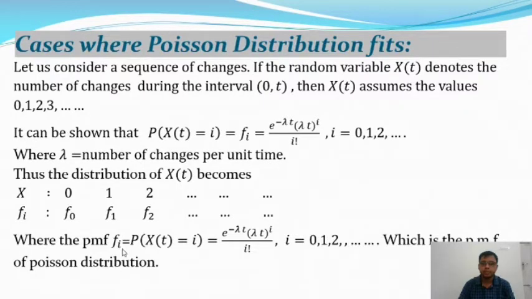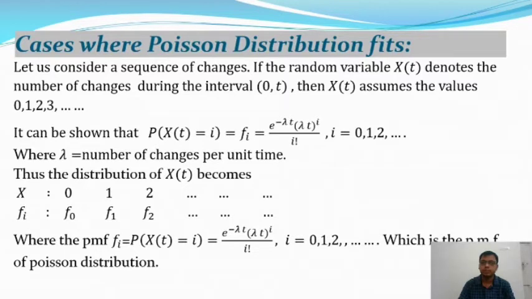The probability mass function f_i is equal to probability of X of t equal to i, which gives e to the power minus lambda t into lambda t to the power i by factorial i, where i is equal to 0, 1, 2, 3 and up to infinity. This is the probability mass function of the Poisson distribution as well. So there are two forms of the probability mass function of the Poisson distribution.